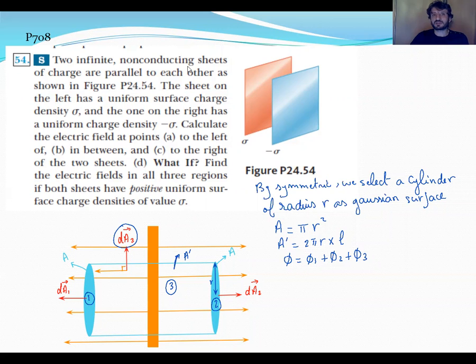So in this case, we don't have a flux through the lateral side.